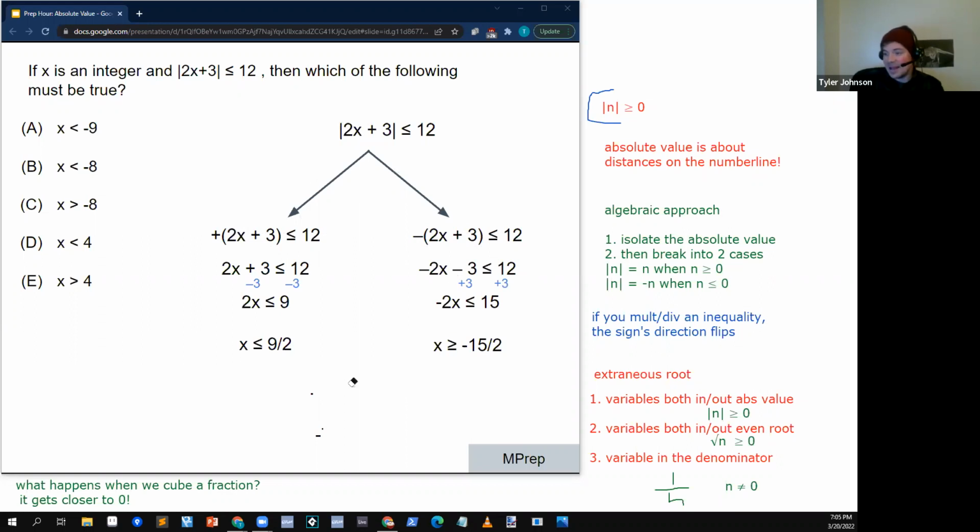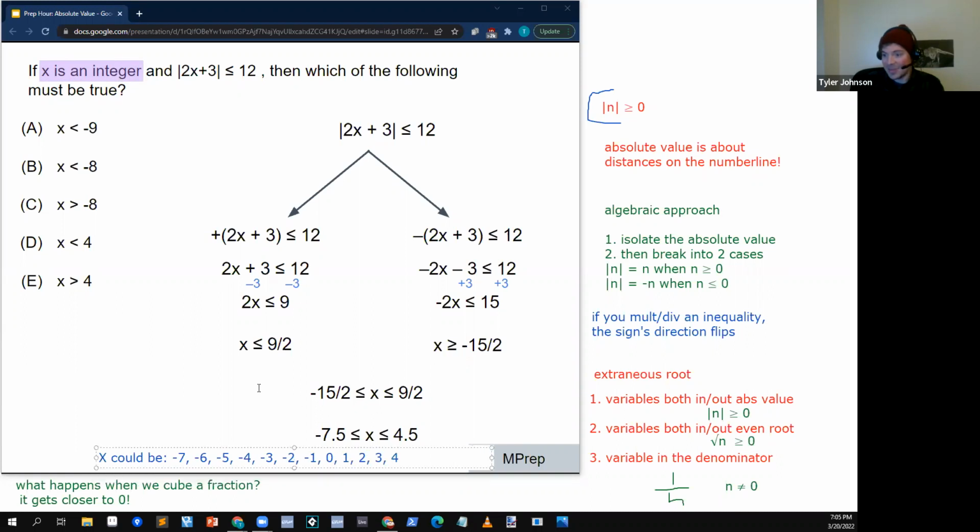And I'm going to see that x has to be in between this range of -15/2 and 9/2, or as a decimal, between -7.5 and 4.5. And then there's this subtle piece of info here that x has to be an integer. So within that range, there's only so many integers.